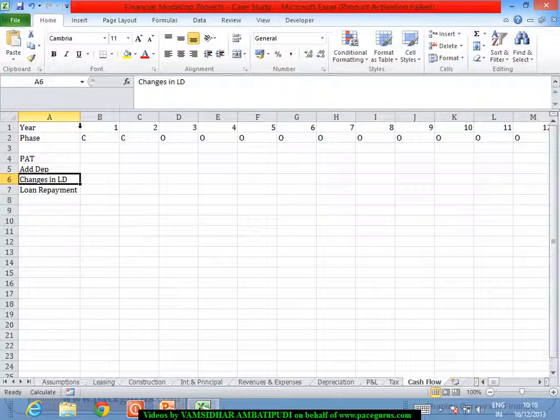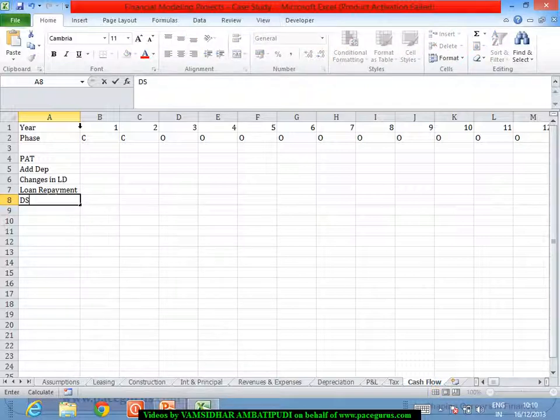That's the reason we put the changes in the lease deposit here. The loan repayment is another element getting into the cash flow statement. And I am also looking at the DSRA account contribution. These are some of the major elements impacting my cash flow statement, so I have to reflect all of them here.